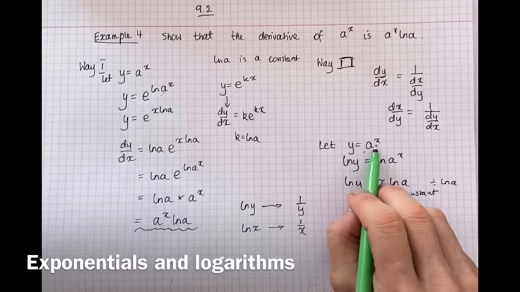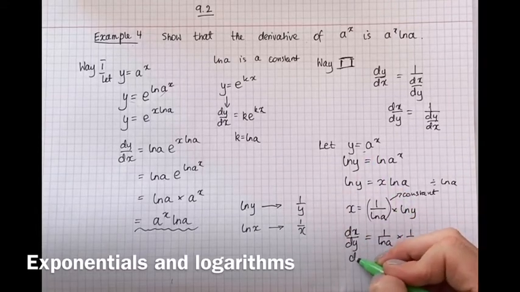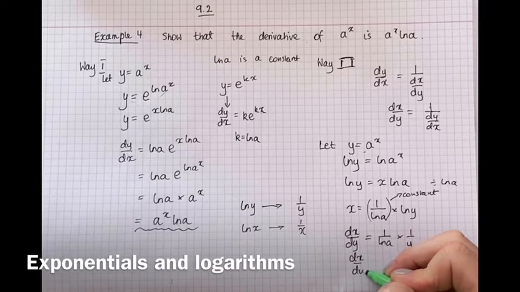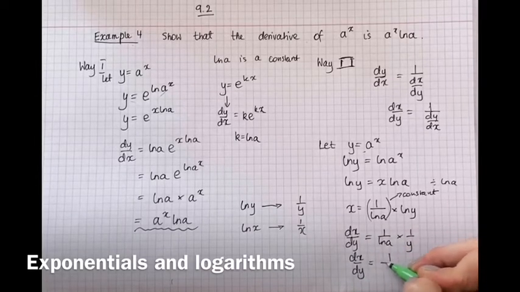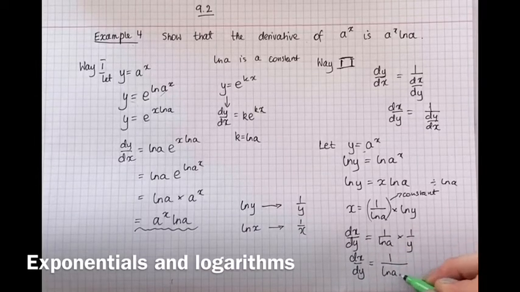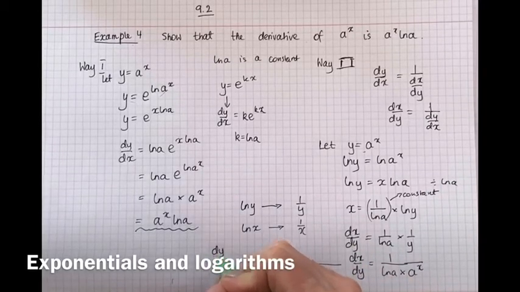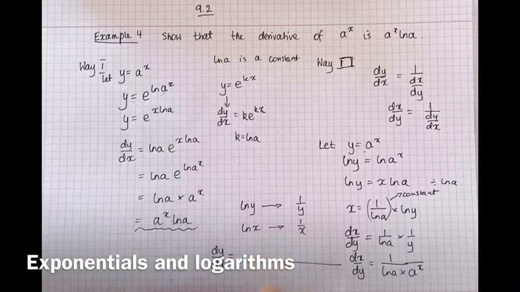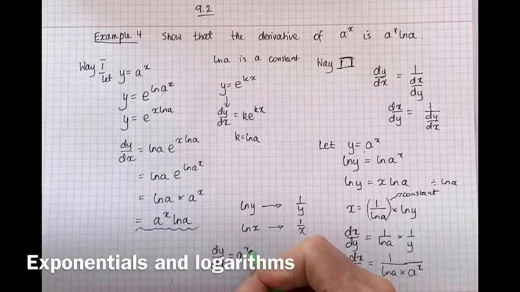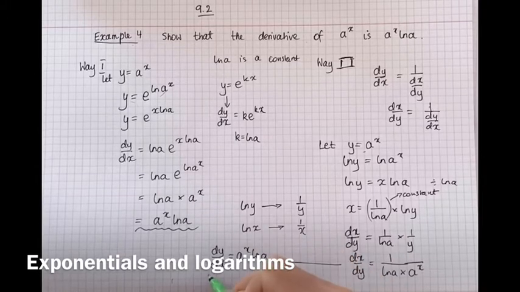But y is a to the power of x, so dx dy is equal to 1 over ln a times a to the power of x. And all we need to do now is use this result. Let's flip those sides, and you get dy dx equal to a to the power of x ln a. So our result has been proven.